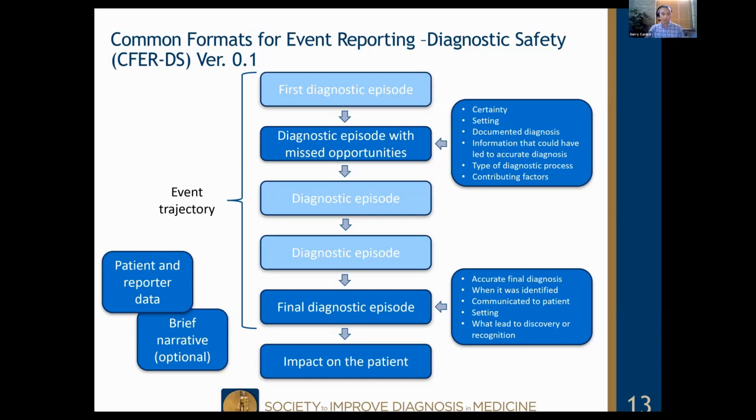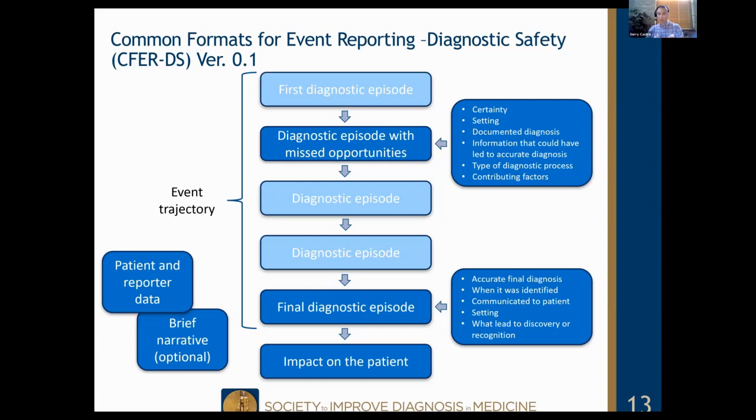When characterizing the final diagnostic episode, they want to find out information about what that accurate final diagnosis was. When was it identified? So they want to track the time between the first diagnostic episode and the final, right? So that speaks to the timeliness of the diagnosis. Whether or not it was in fact communicated to the patient, right?